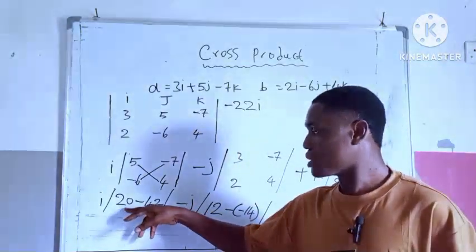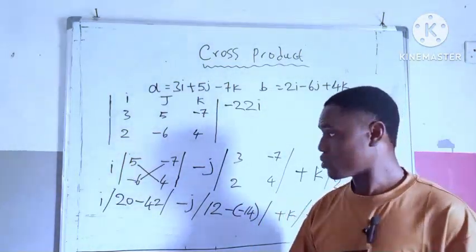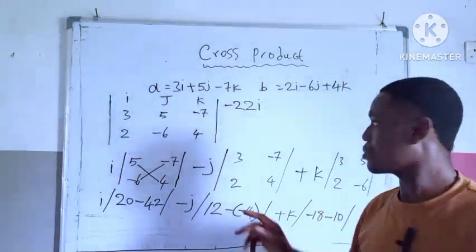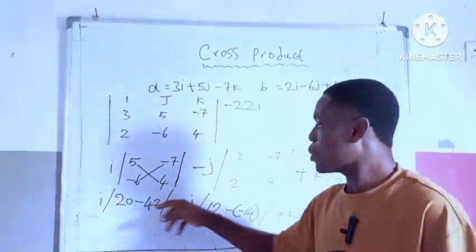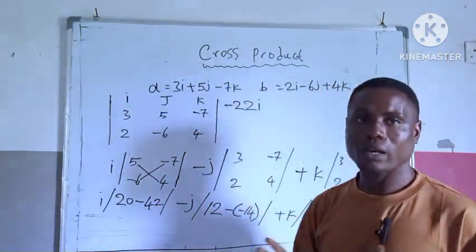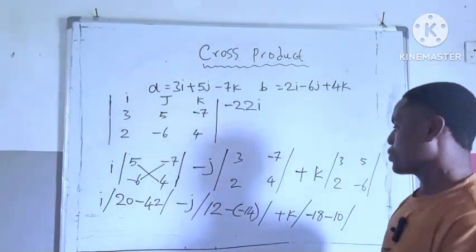But this 20 is smaller than this one. So even if you press your calculator, 20 minus 42 is minus 22. So please don't be confused. And we have i. So opening this bracket, we have minus 22i.